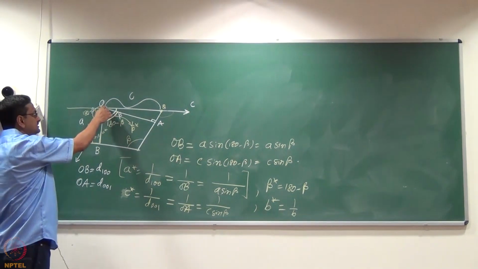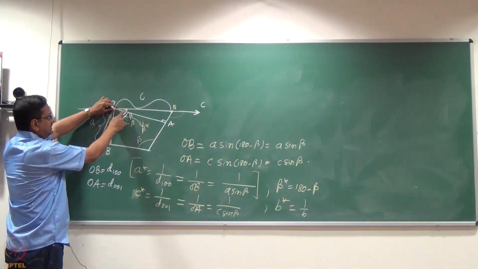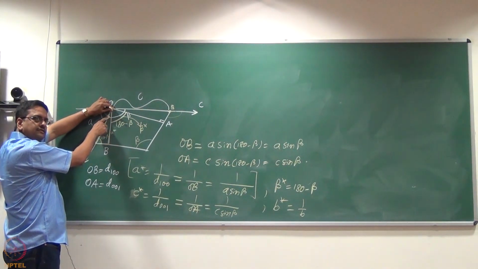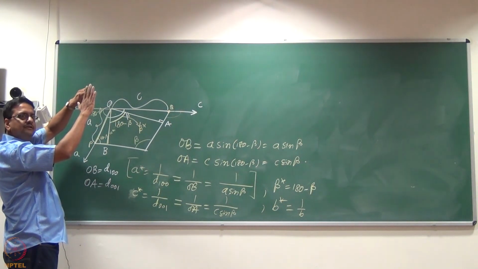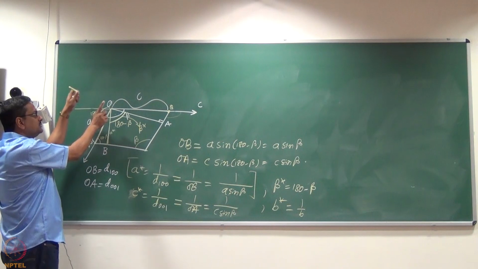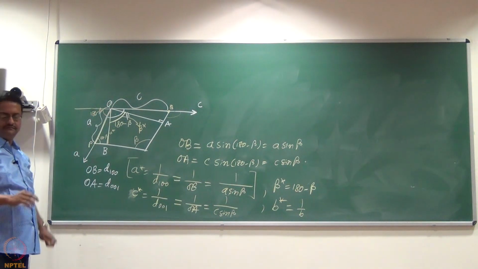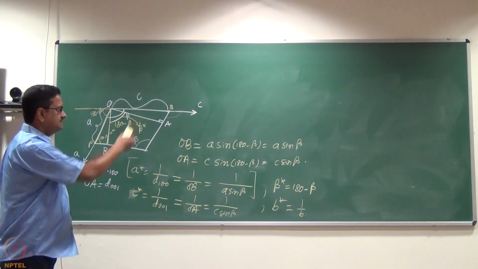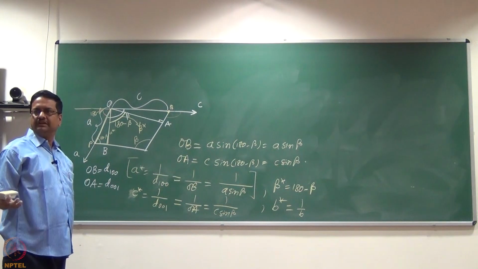Since this axis is 90 degrees here, 90 degrees there, when you drop a perpendicular here, it is already 90 degrees. So it is simply 1 by B which comes here, right? That is the case with your cubic, tetragonal or orthorhombic system.